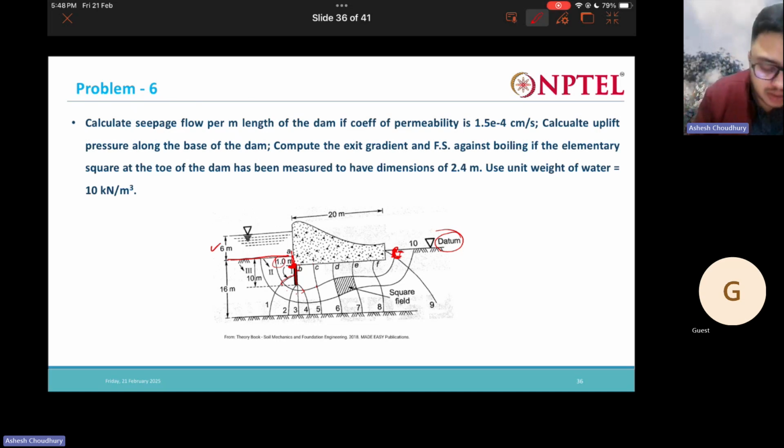The length of flow will increase, so H by L, I already did this, the exit gradient will become lower. That's why we give this, to increase the length of flow.